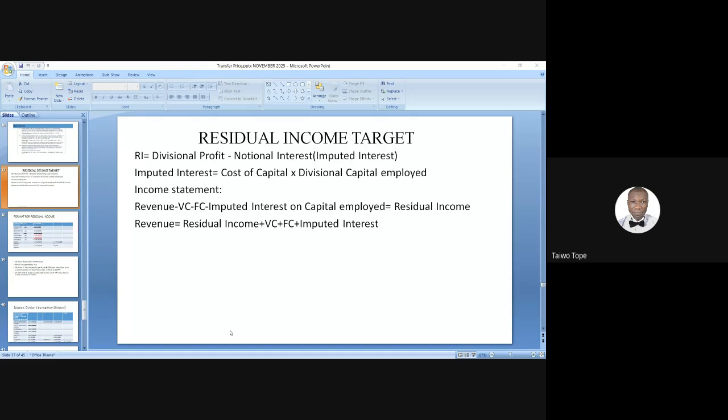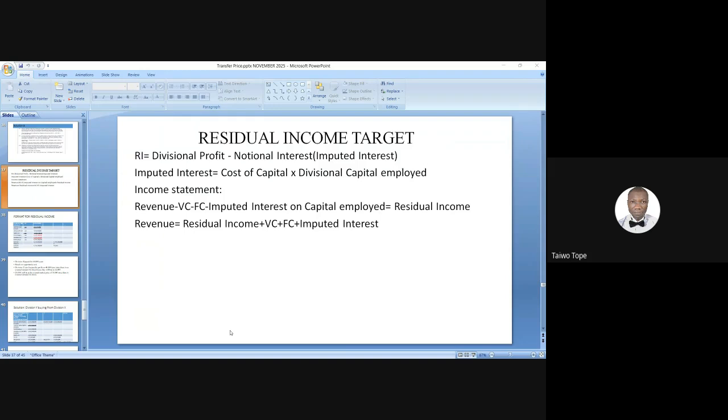So residual income, anybody speak to that? Yes, it's a performance measure used to assess profitability of a division.